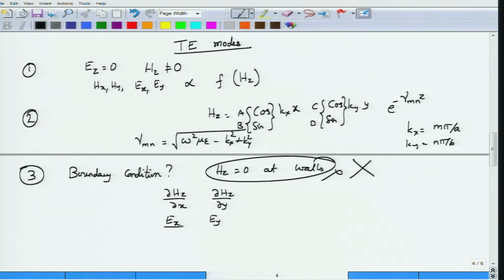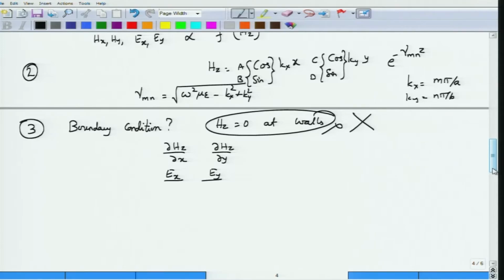If they are related to Ex and Ey, we might want to obtain the boundary conditions from those, so it would be the corresponding tangential or normal components which we can then apply. The upshot of all this very hand-waving analysis is that at each of the waveguide walls we will apply the derivative condition, or the normal condition. So del Hz by del n equal to 0, where n is the normal to the wall.